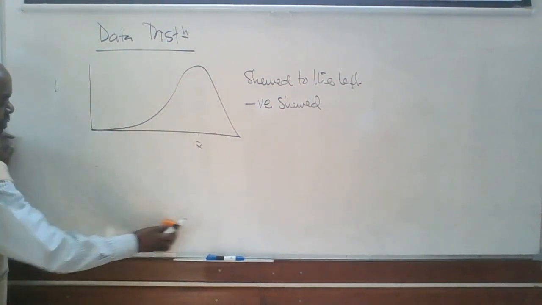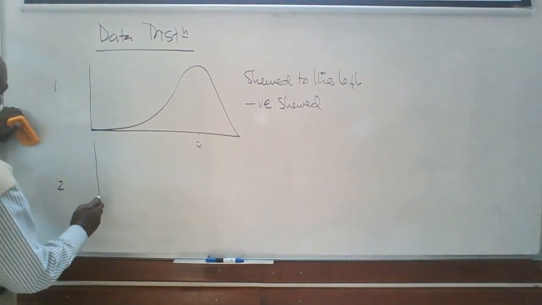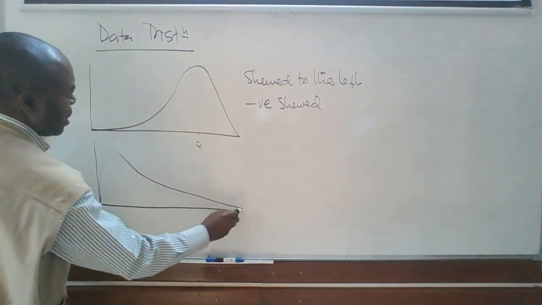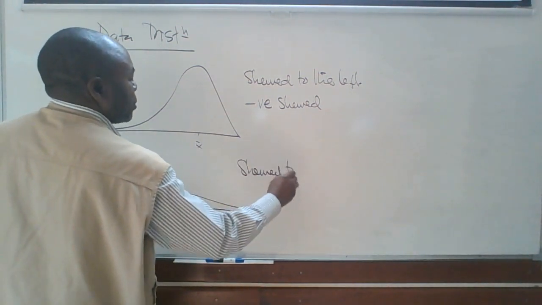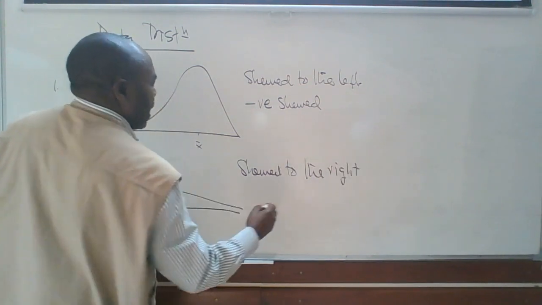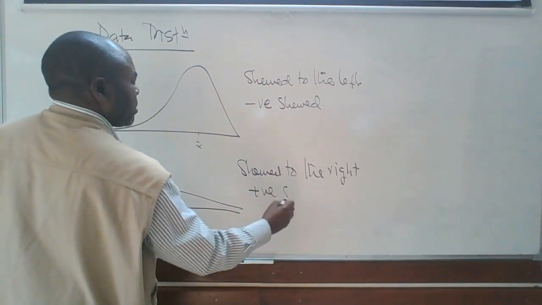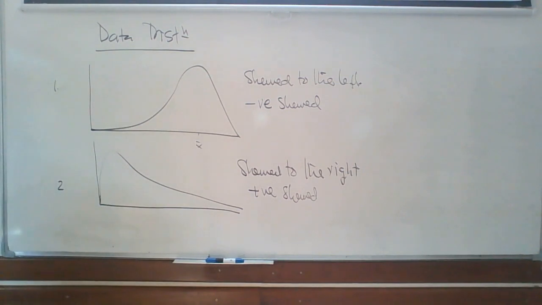Then you can have skewed to the right. Your data will look like this when you plot. This is skewed to the right, or you can call it positive skewed.